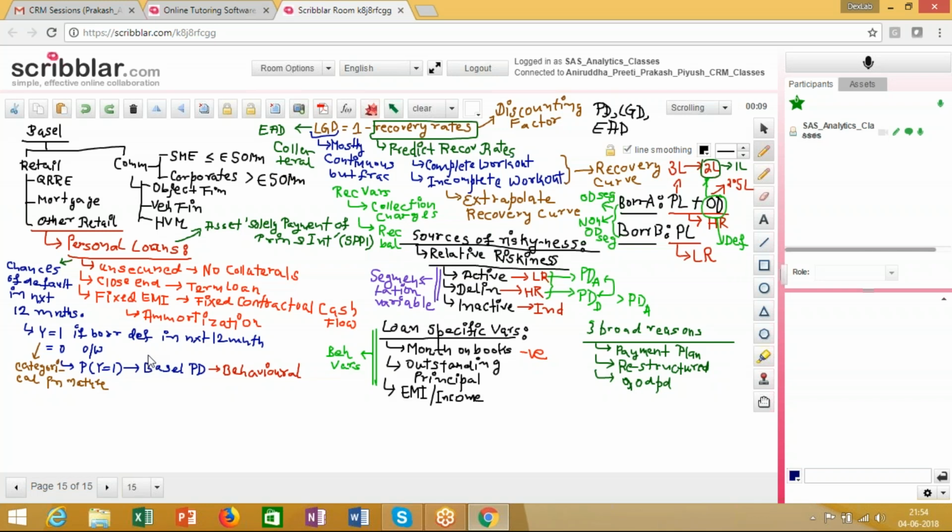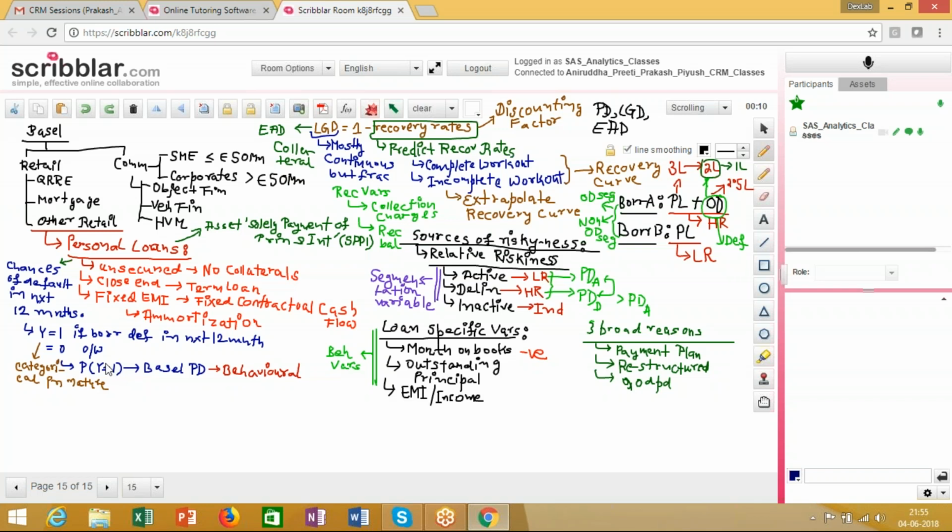One thing we can clearly see is that this PD model is a purely behavioral model. So is LGD, and so is EAD.